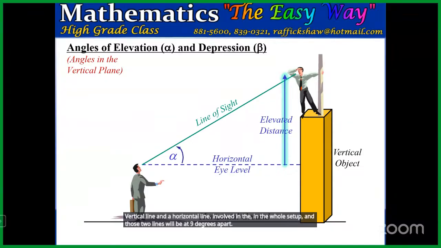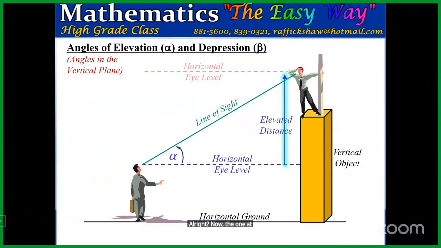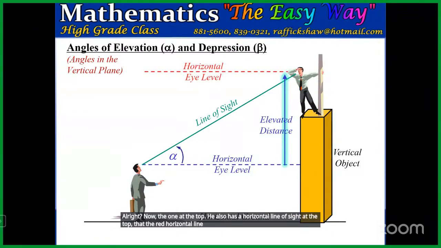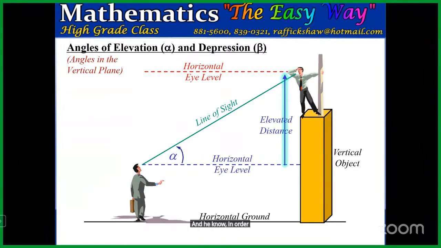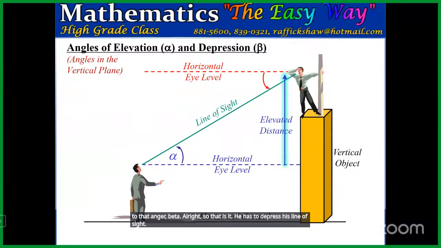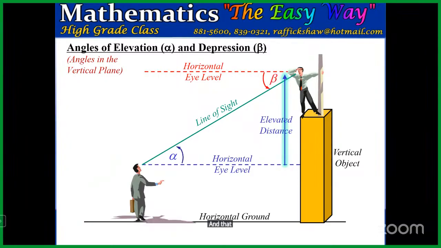All right. Now the man at the top, he also has a horizontal line of sight at the top, that red horizontal line, eye level. And in order to look down, you have to depress his line of sight to that angle, which I'm marking as beta. All right, so that is it. He has to depress his line of sight to beta, and that would be his angle of depression.